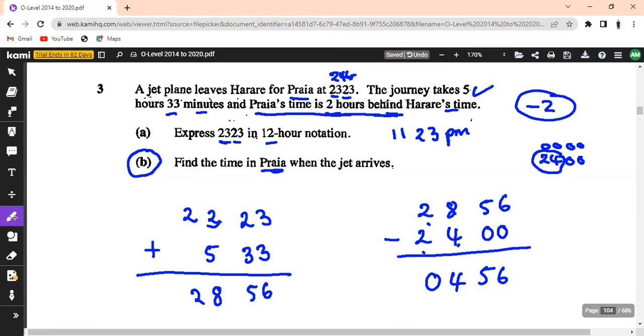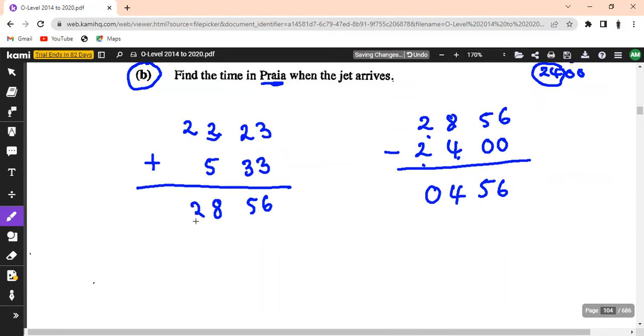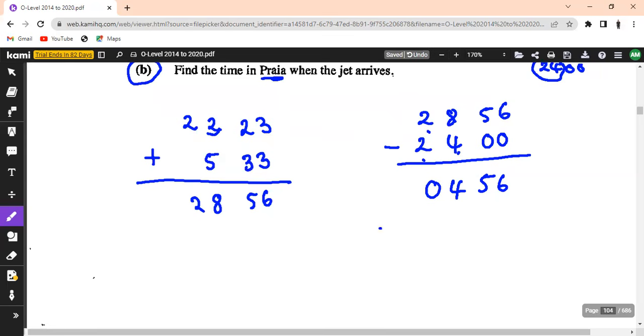So we are going to subtract now 2 hours from the actual time that we have. We subtract 2 hours now. So to subtract 2 hours, that's 200 like that. So we are going to have 56 here. 04 minus 02, that is going to be 02. So that is what we are going to have in that case.